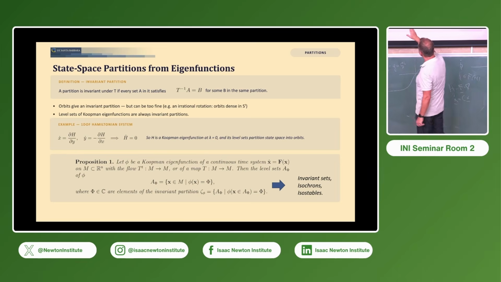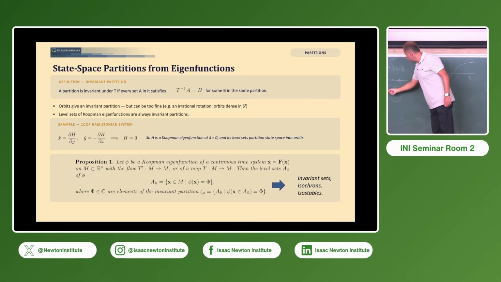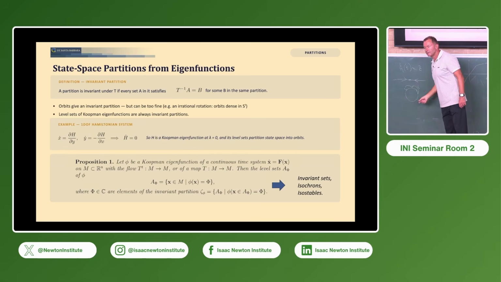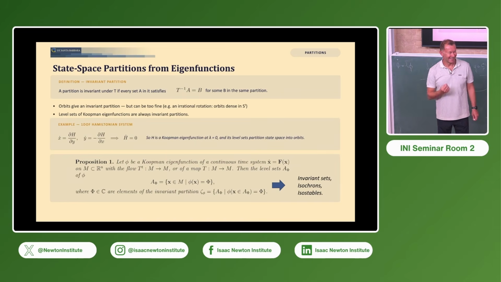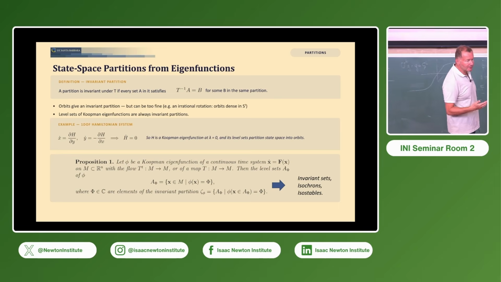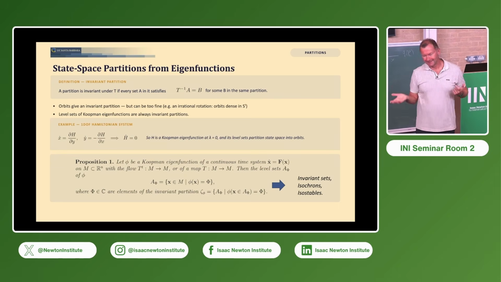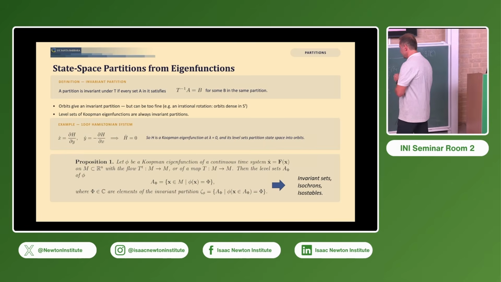Okay, so orbits give an invariant partition, but if you have a rotation on the circle with an irrational jump, orbits might not be as useful as they are in general, because of course they're dense on the circle, and so how do you separate two orbits with a finite measurement? In that particular context, a useful partition is of course the whole set, the whole circle, and the empty set.